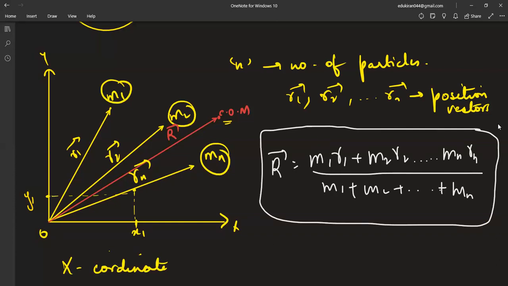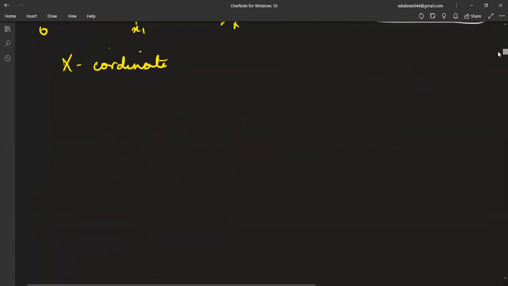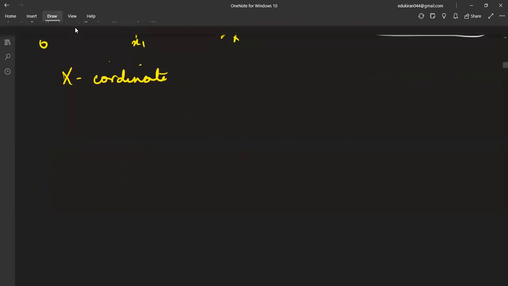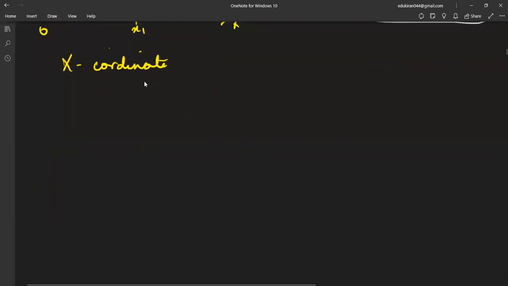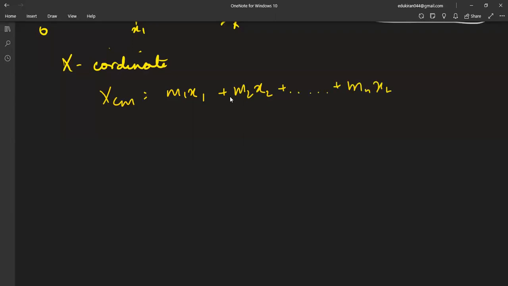All right. Now, if we are talking specifically about the x-axis, so this x coordinate, xcm will be m1 times its x coordinate, plus m2 times its x coordinate, till mn xn, divided by total mass, so m1 plus m2 plus m3 till mn.